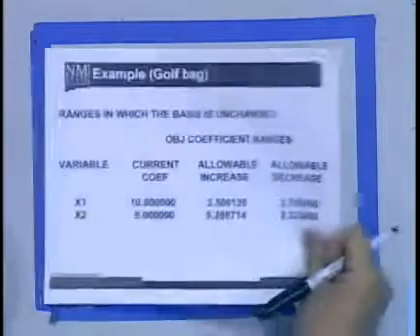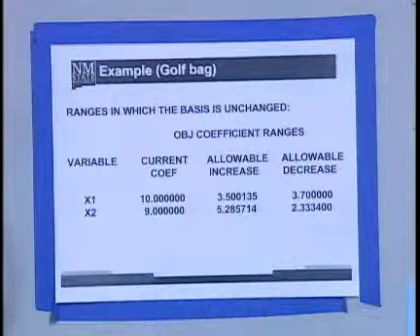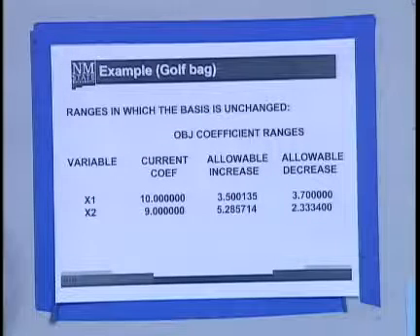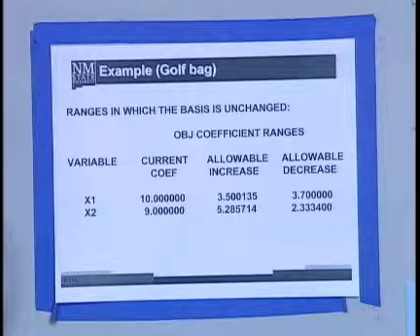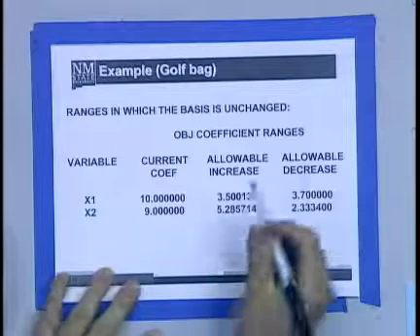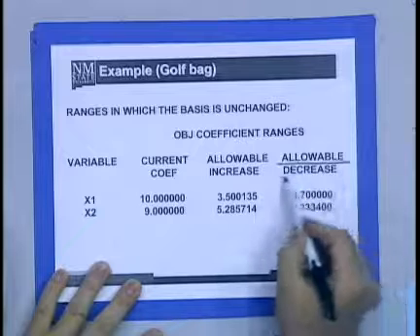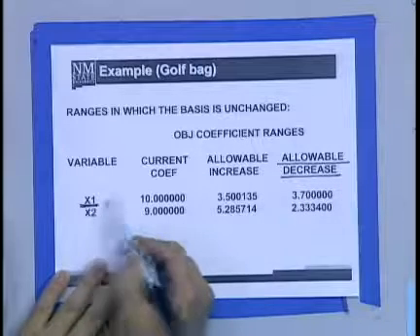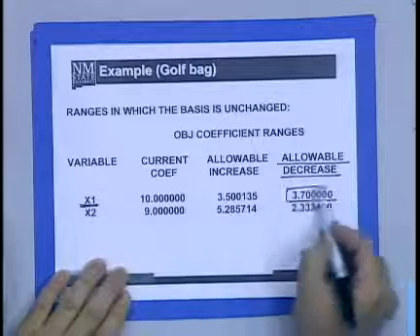So we need to look at the objective coefficient ranges. According to our Lindo report, the allowable decrease of x1 variable is 3.7, right?